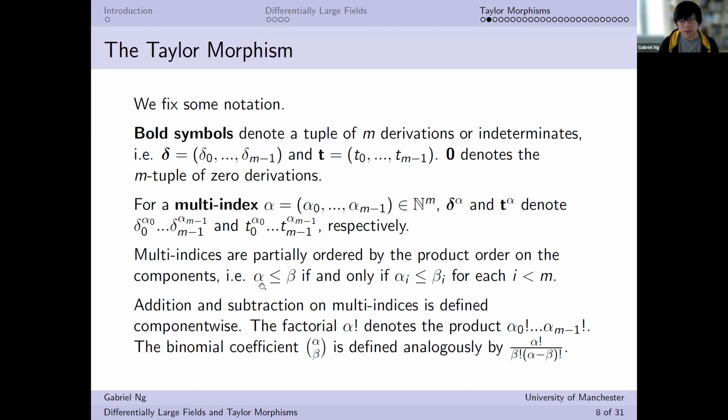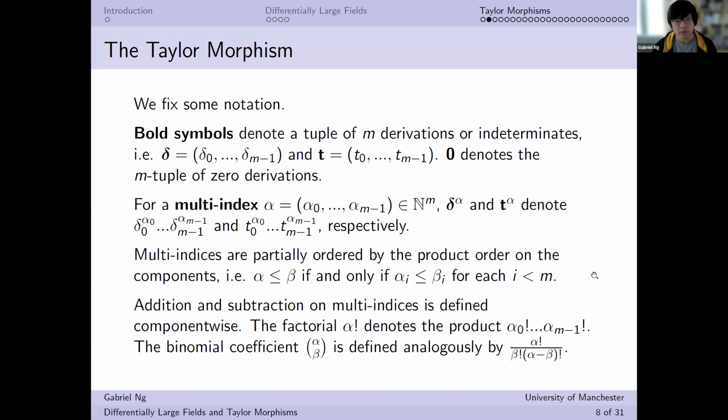So that is, if I take two multi-indices, we say that alpha is less than or equal to beta if and only if this is true for every component. And we can add and subtract these things component-wise. The factorial denotes the product of the factorials of the components, or the entries, and the binomial coefficient is defined in the same way.